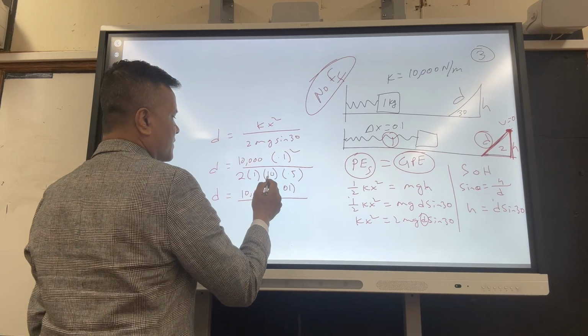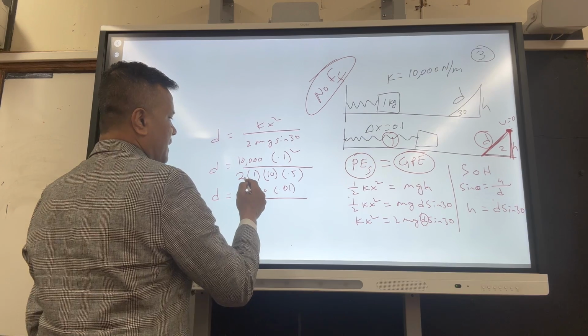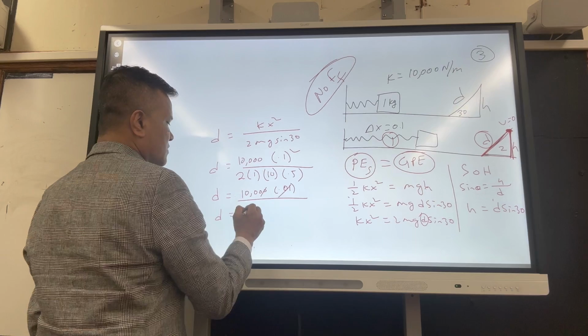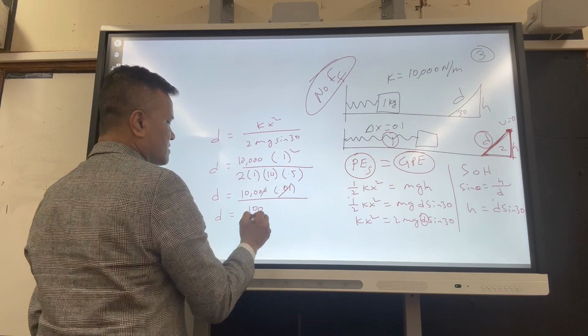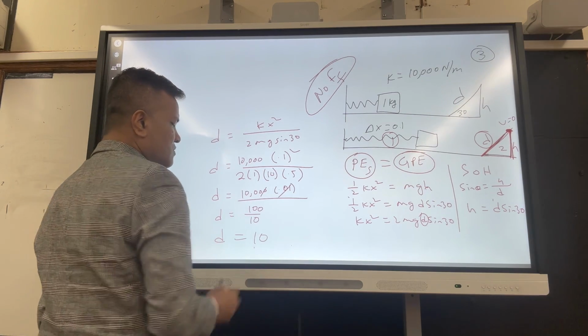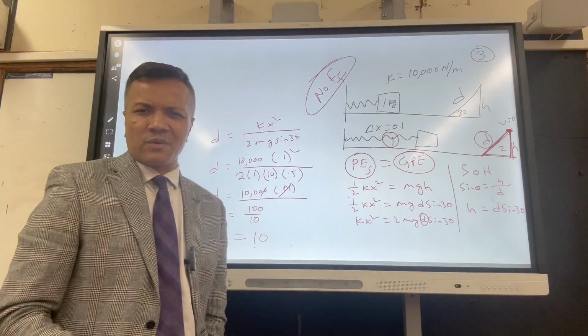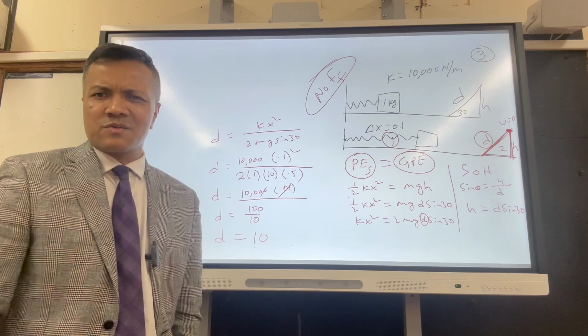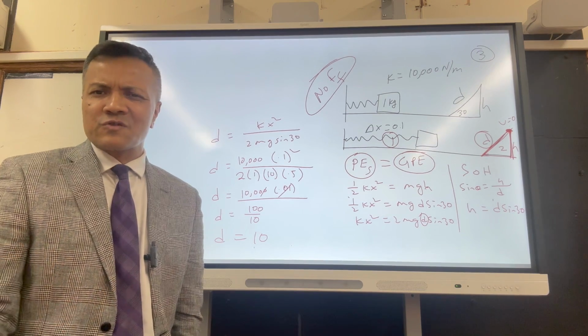So it's 5 times 10. So 100 over 10, d is equal to 10. So you did not have to use the calculator for this problem, because I chose the numbers in a way that doesn't force you to use a calculator.